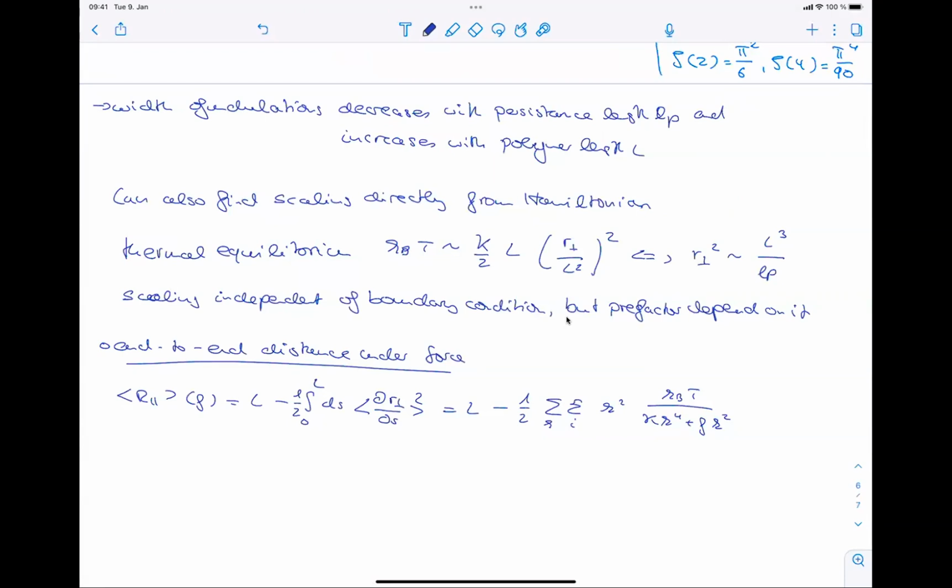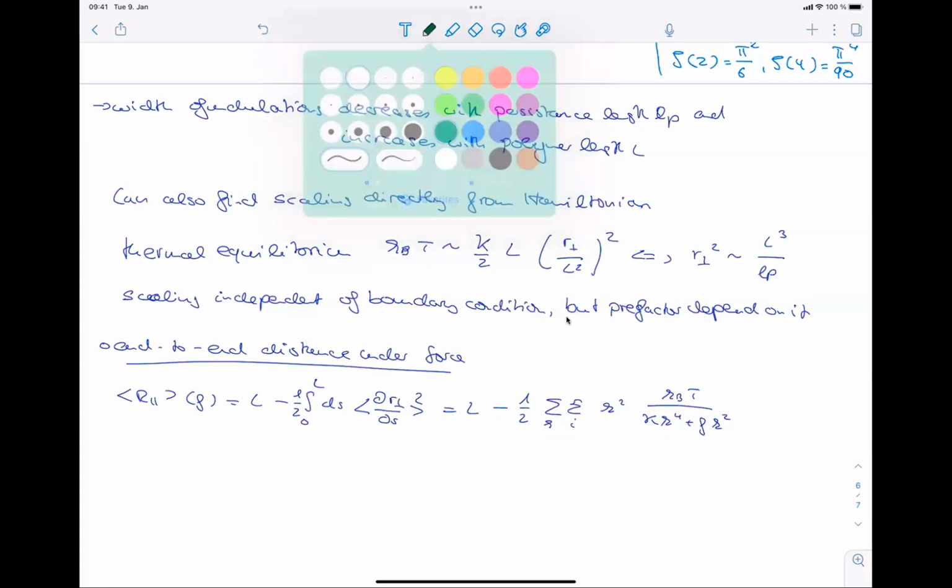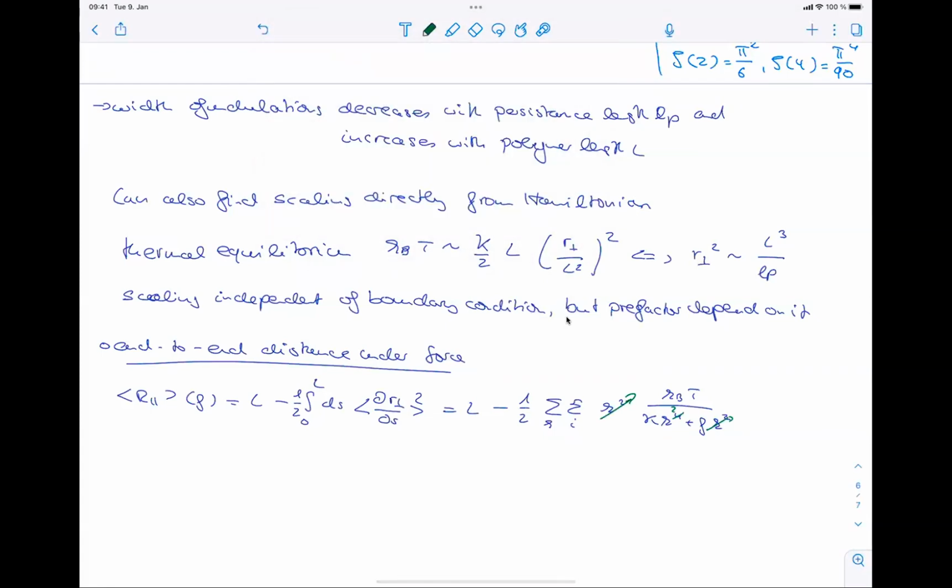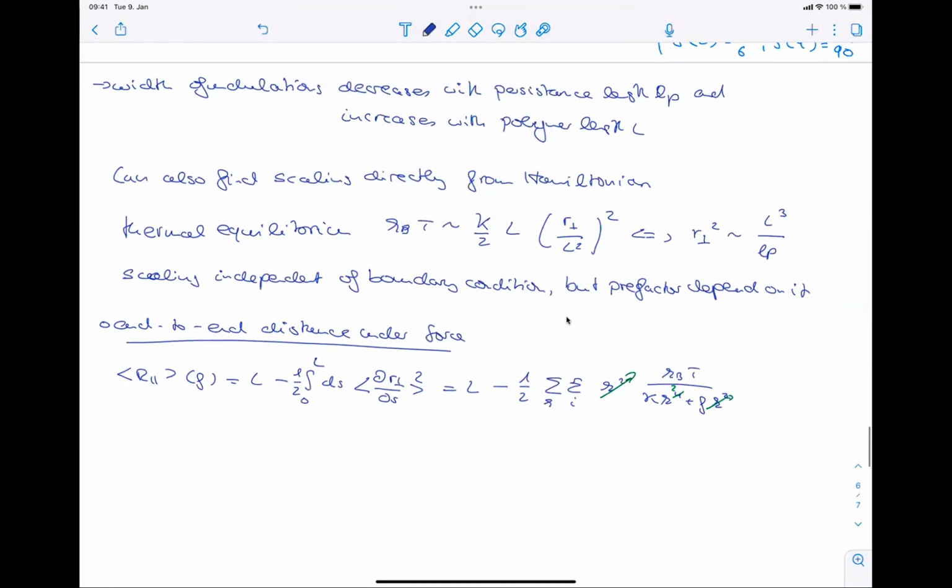Which we can reorganize a little bit by noting that these simplify, and now you see why I gave you the zeta function as a function of 2 and not only of 4, because now this becomes L minus sum over k. The i goes over the two transverse directions. Since the amplitudes don't depend on the transverse direction, this gives us a factor of 2, which cancels with that 2. And we're left with kBT over kappa k squared plus f.